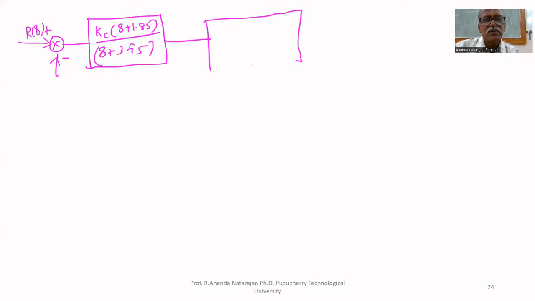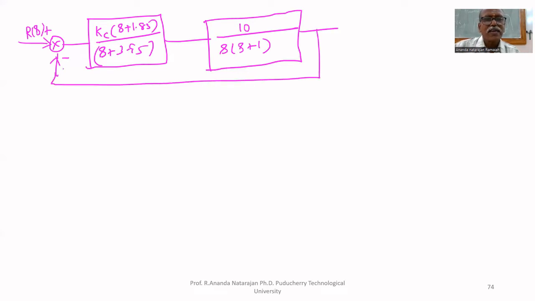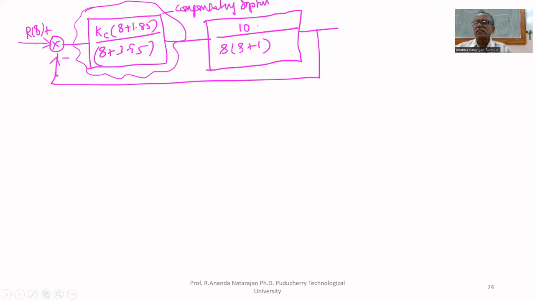What is the original system? The original system is 10 upon S multiplied by (S plus 1). Now, we want to modify the behavior of the original system. That's why we cascaded this new system. This is called the compensatory system, cascaded to the original system.